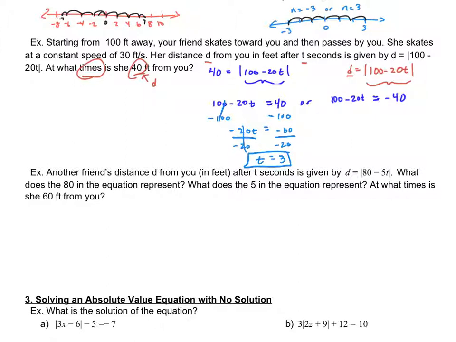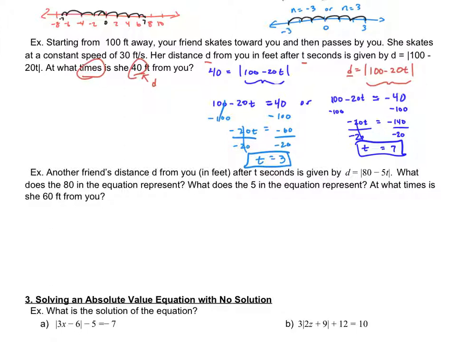If we do our other equation, we subtract 100 from both sides, and we're going to have negative 20t equal to negative 140. Divide, again, both sides by my coefficient, and t is equal to 7.